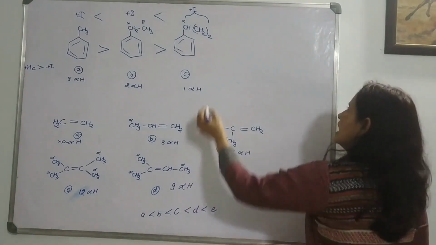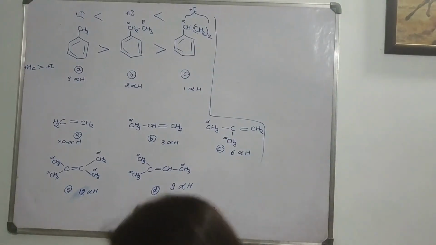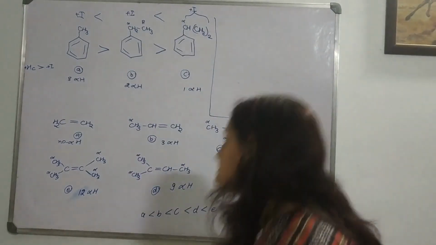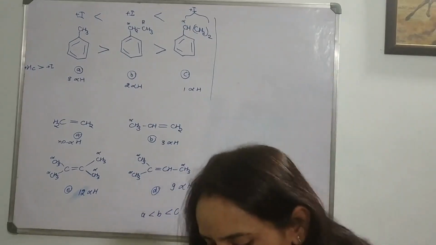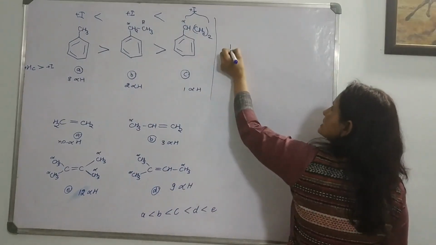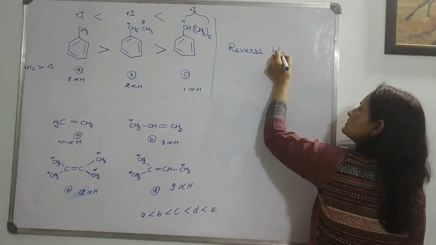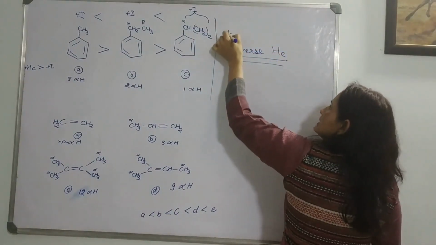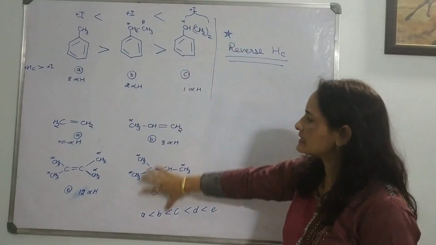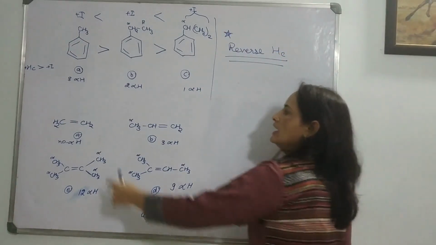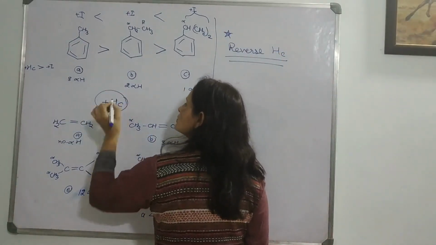Correct? Now, along with this, I will discuss reverse hyperconjugation. Reverse hyperconjugation is a special case that is found in alkene whenever the alkene is connected directly. Take it as a special case of hyperconjugation, because in all the hyperconjugation you have seen, hyperconjugation is a plus effect, meaning electron donating.